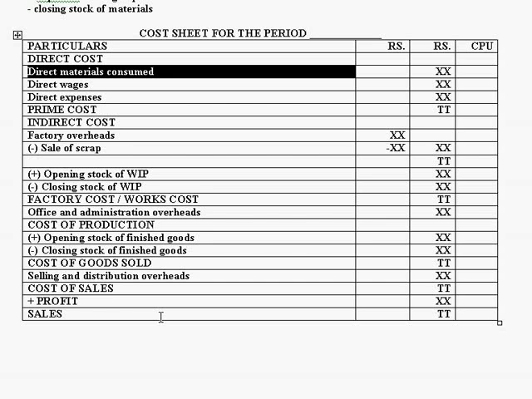Very, very insignificant. Yes or no? So then thread or needle or say buttons, these are all having very, very insignificant value. They together will not cost you more than 8-10 rupees as compared to the cost of the cloth, which would go to hundreds of rupees. So you will shift it to factory overheads.